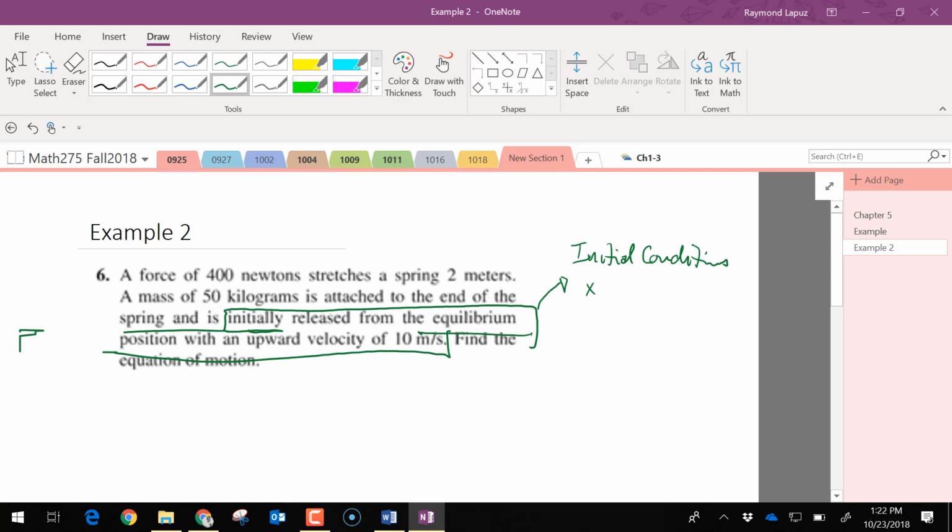It's released from equilibrium position. What does that tell us about the initial position? It should be 0, right? Because it's released from the equilibrium. Then it gives an upward velocity. Velocity you should relate to the first derivative. And what's that? It's negative because it's going up, 10 meters per second.